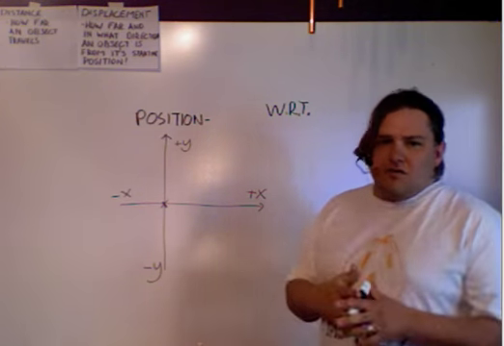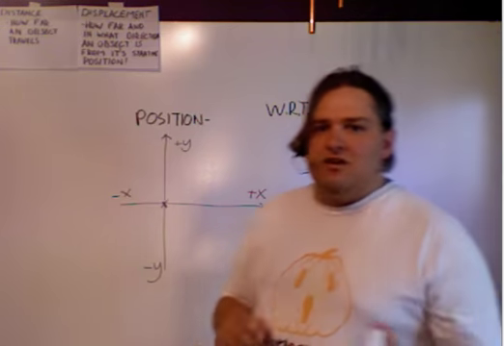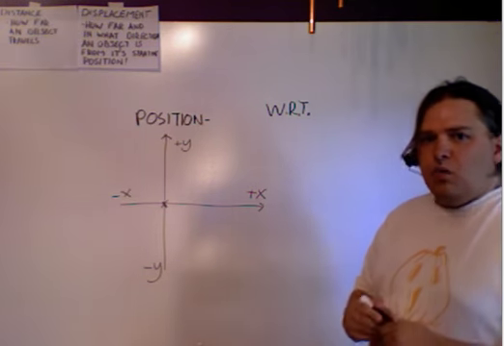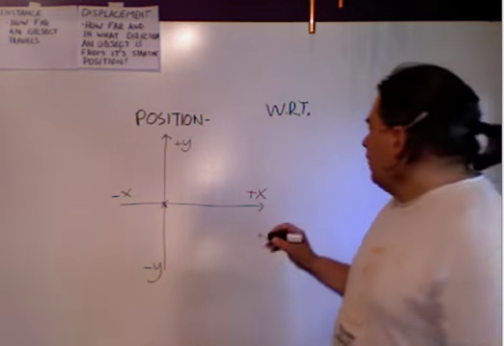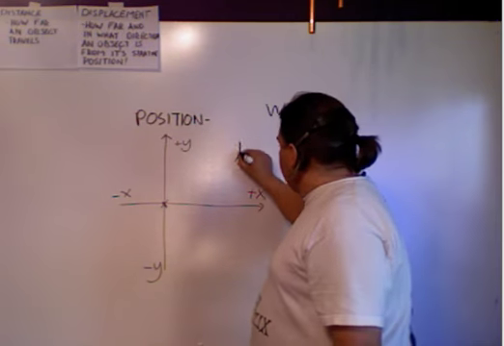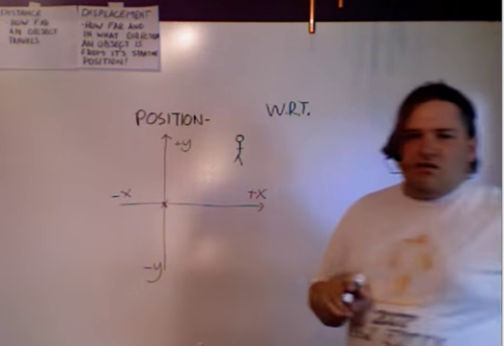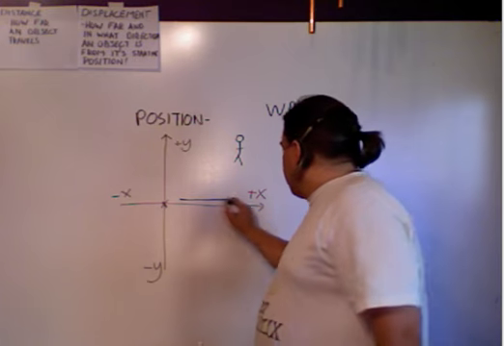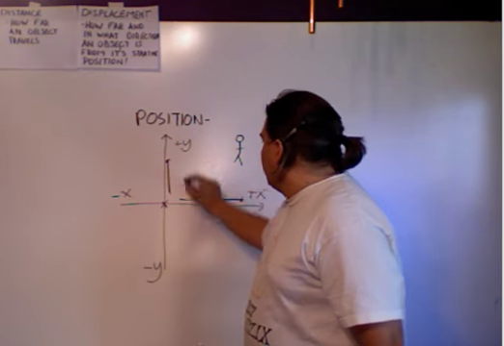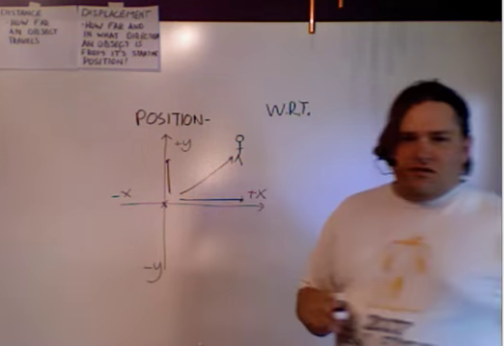So the position of an object, once again getting back to that definition, is the location of an object with respect to the origin. If I were to talk about that one person again, his position is over here. It's so much in the positive x, it's so much in the positive y. That is his position.